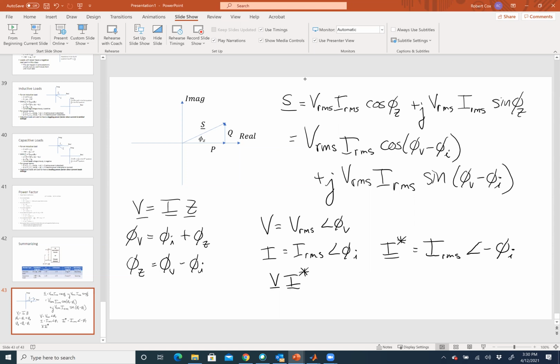So what would that do? If I had this definition of V and I computed V times I conjugate, just for fun, what would that be?